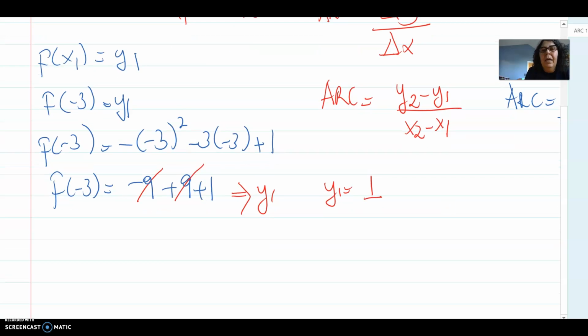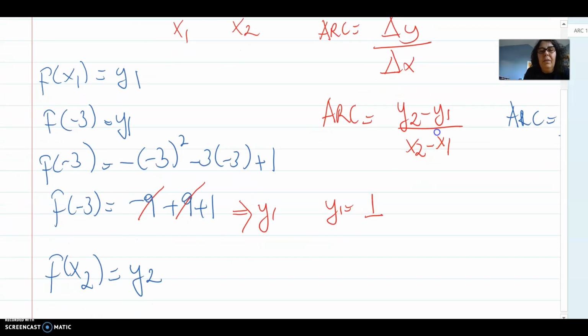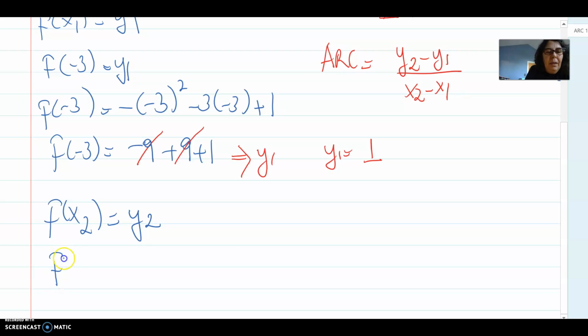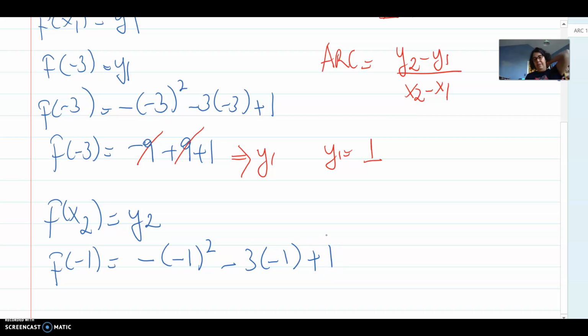Okay. f of x2 will be equal to our y2. x2 is given as -1. f of -1 will be equal to (-1) squared minus 3 times -1 plus 1. Everywhere we have seen x, we plug in -1.